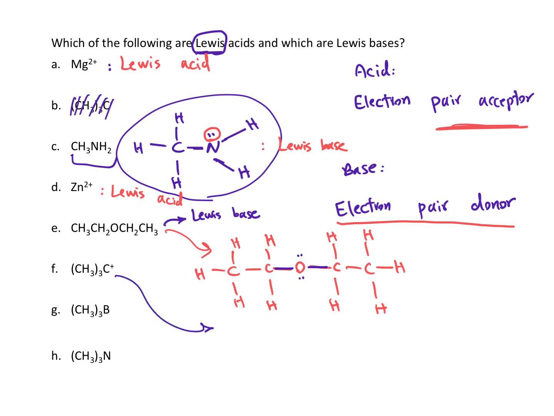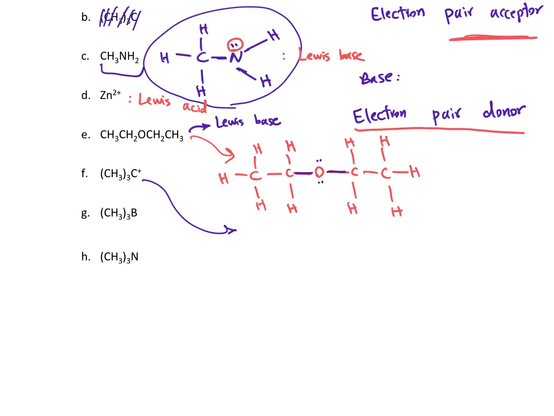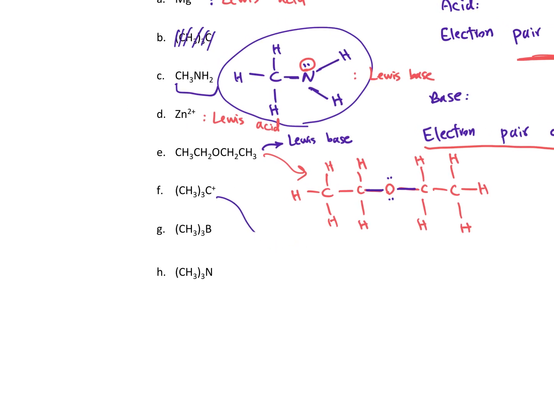What about this one? Do you remember what this one was called? I guess I go the other side so it won't be confusing. So a carbon that has a positive charge and is attached to 3 different methyls. Do you remember what we call these? Can anyone remember, carbocations?